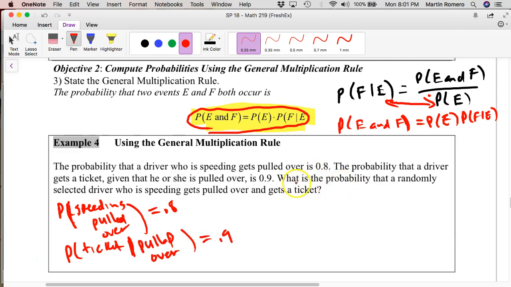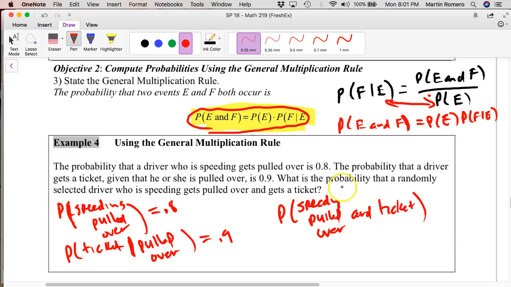So what we're really trying to find out is the probability that a randomly selected driver who is speeding gets pulled over and gets a ticket.